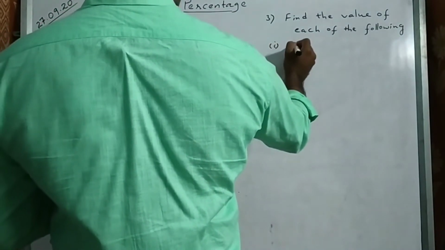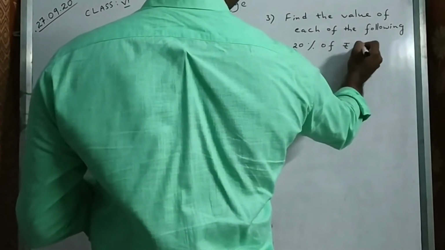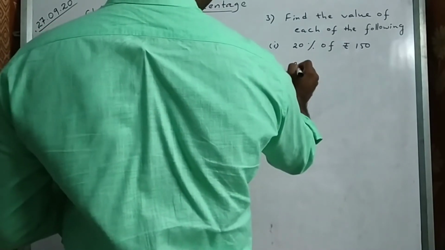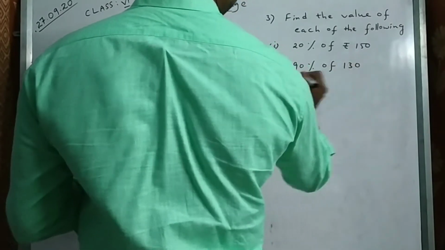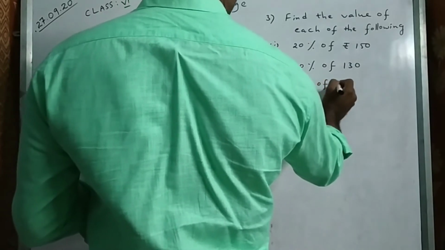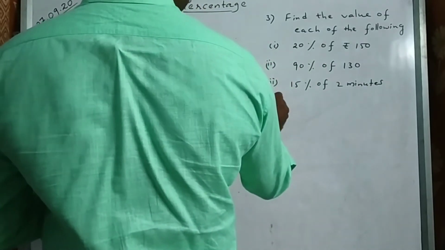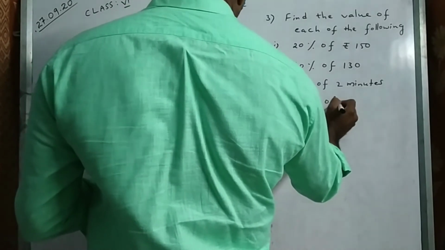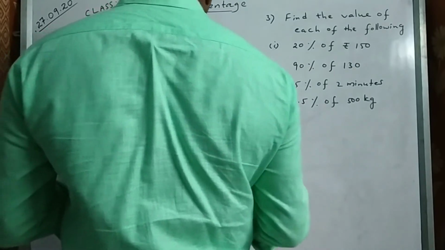First one, 20% of ₹150. 90% of 130. 15% of 2 minutes. 7.5% of 500 kg.